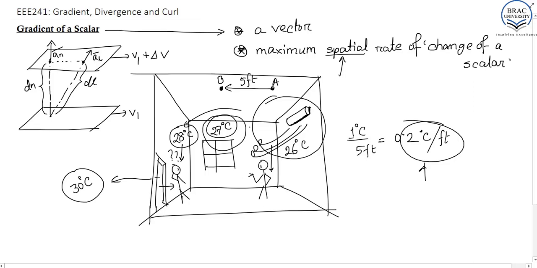Now let's say instead of point B, you start from A and move to point C over here. Okay, C is also in the region of 27 degrees, so the difference of the temperature is still 1 degree. You are moving from a region of 26 degrees Celsius to a region of 27 degrees Celsius, so the change of temperature is still 1 degree, but the distance that you are traversing now is obviously greater than 5 feet, right?